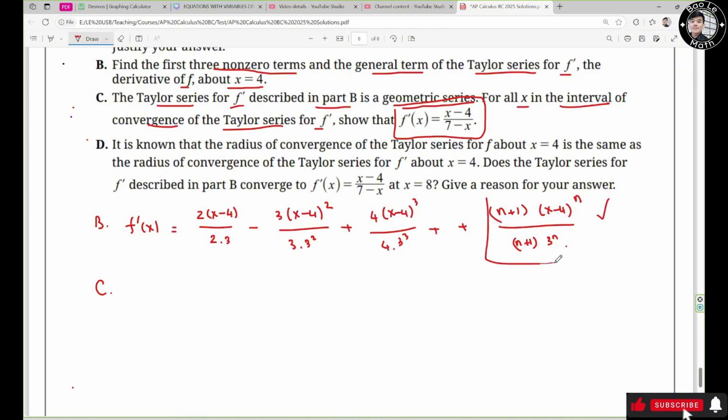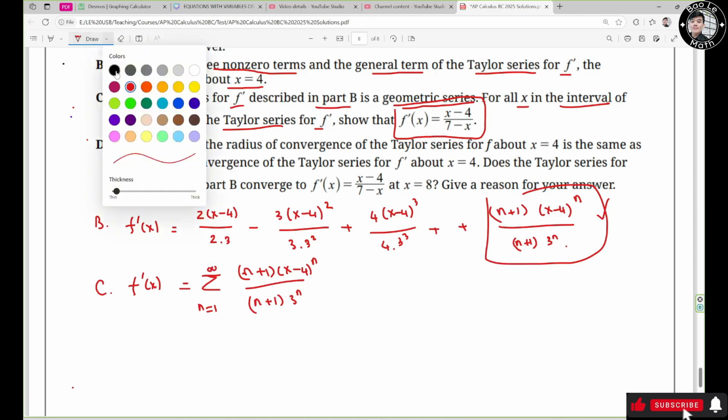We have f prime of s is going to be the sum of (n plus 1) times (s minus 4) raised to the n over (n plus 1) times 3 raised to the n, when n goes from 1 to infinity.